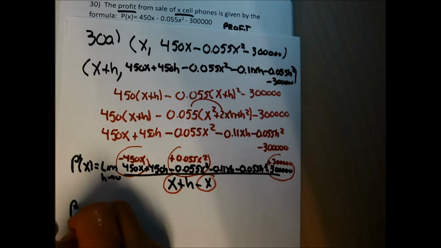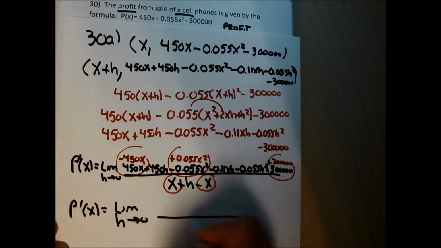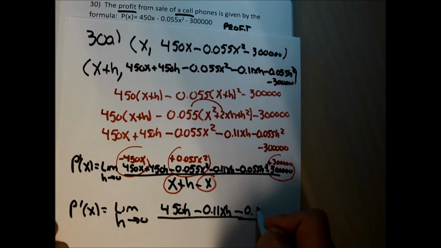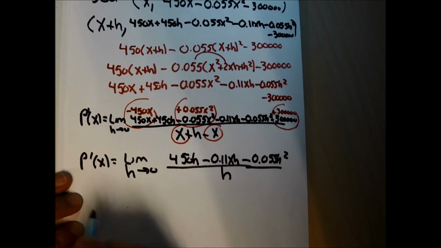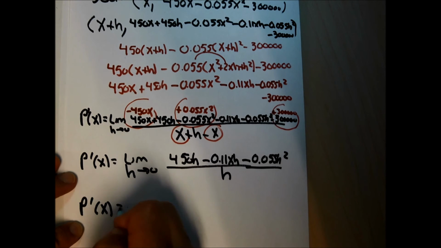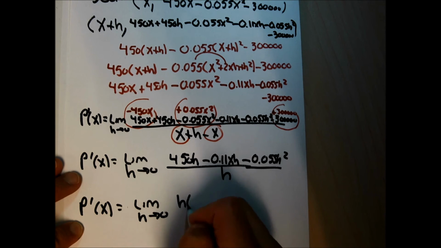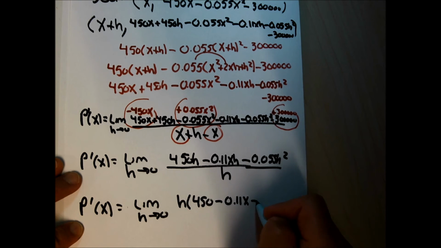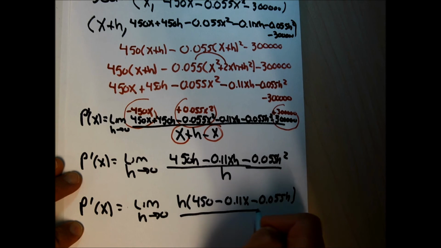So I'm going to be left with p prime of x equals the limit as h goes to 0 of 450h minus 0.11xh minus 0.055h squared all over h. I'm going to factor out an h and cancel my h. So I get p prime of x equals the limit as h goes to 0 of h times 450 minus 0.11x minus 0.055h, all over an h.